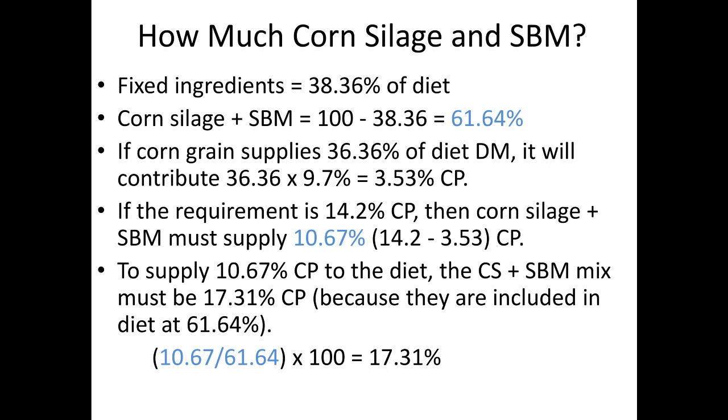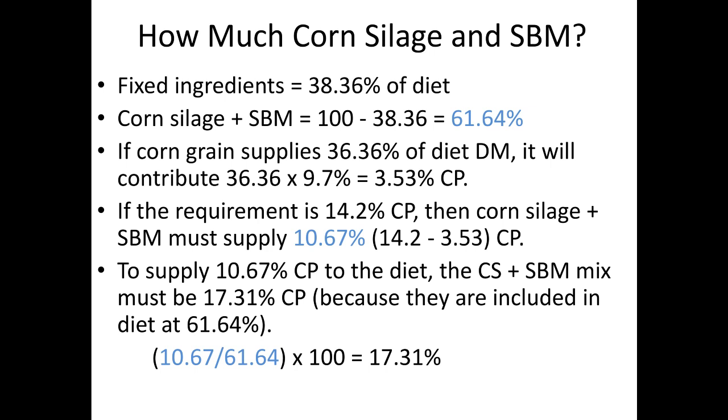We know that 36.36% times 9.7%, which is the amount of crude protein that this corn grain contains, equals 3.53% crude protein. So we already have some crude protein being contributed from one of our fixed ingredients, the corn grain. It's contributing 3.53% crude protein.